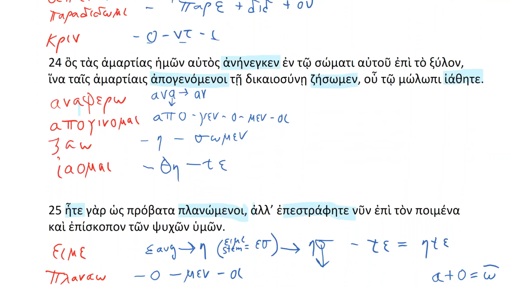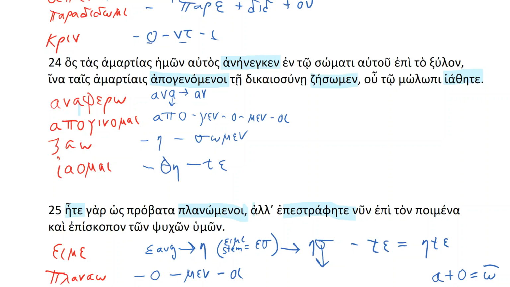Okay, so the next verse, I'm just going to go ahead and read it. Hos tos, hamartias, hemon altos. Anangken, that gamma and that kappa coming together are odd.